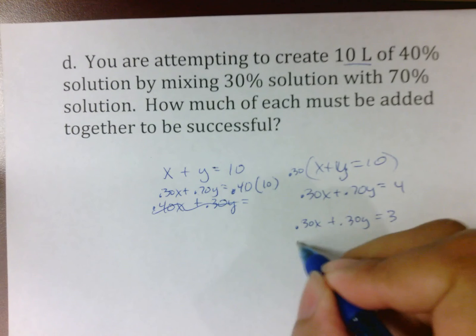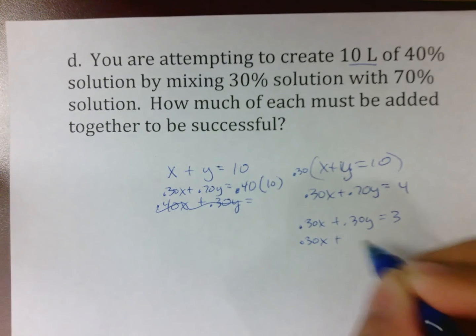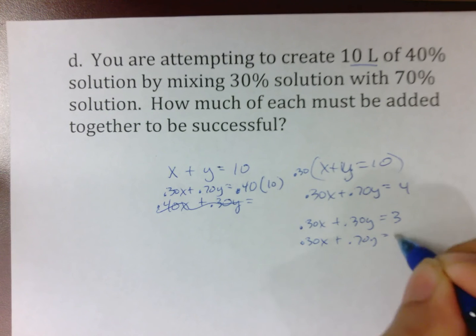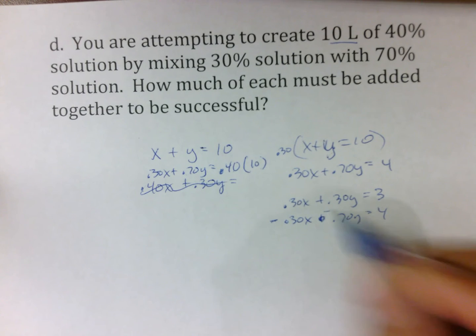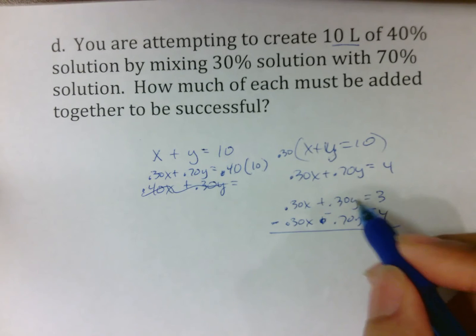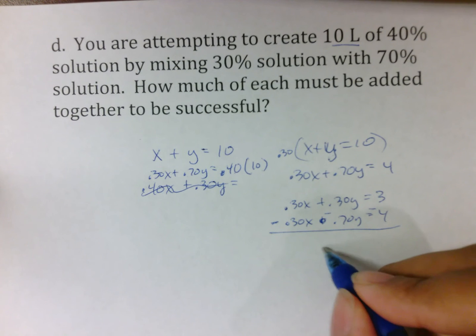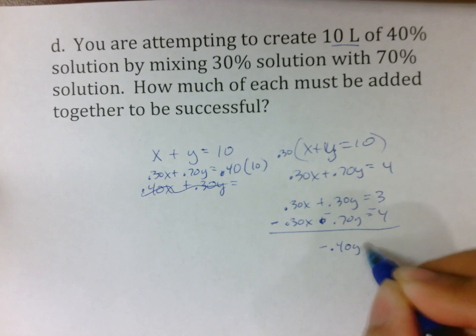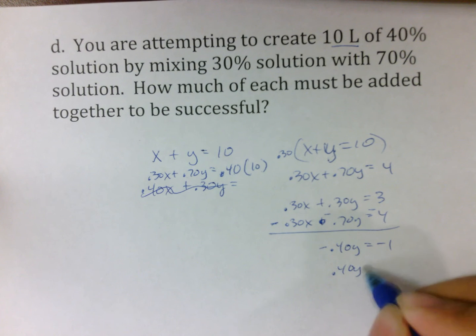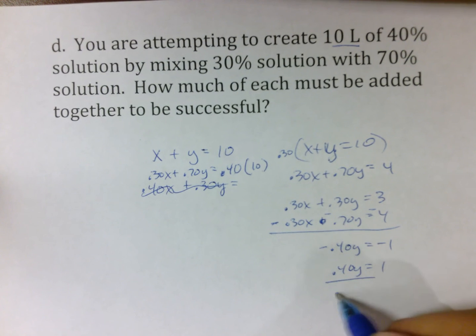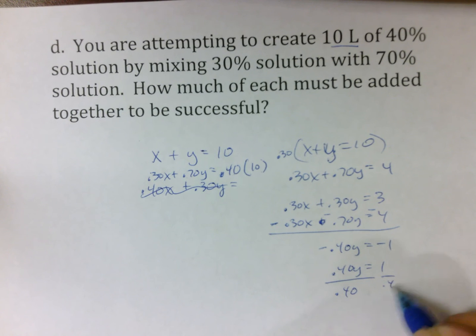Then I take my second equation, 0.30x plus 0.70y equals whatever that second one is, which is 4. Again, keeping in mind, switch all your signs. As you do that, you end up with negative 0.40y equals negative 1. And then of course that means that positive 0.40y equals 1, and you divide by positive 0.40.